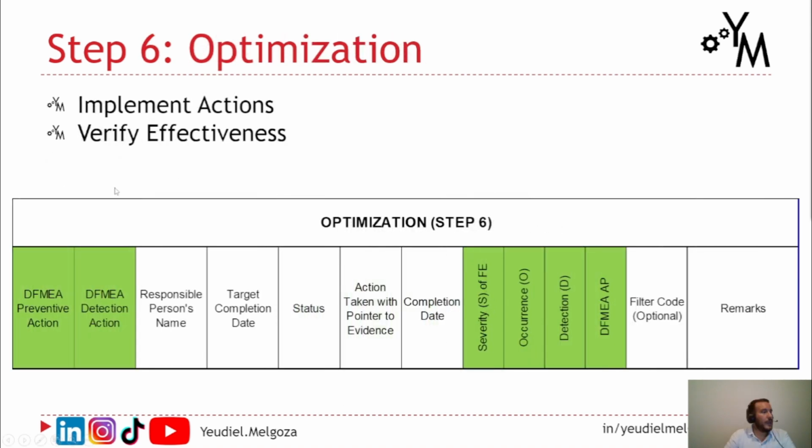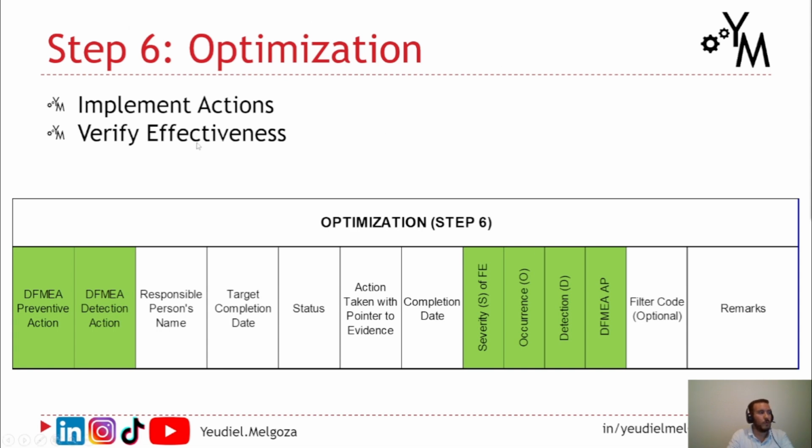In the sixth step, the optimization, it's time to fight back. It's about taking smart actions based on the action priority to make the design stronger, safer, and more resilient. Here, the DFMEA stops being just a document, just a paper, and starts being real-world protection.